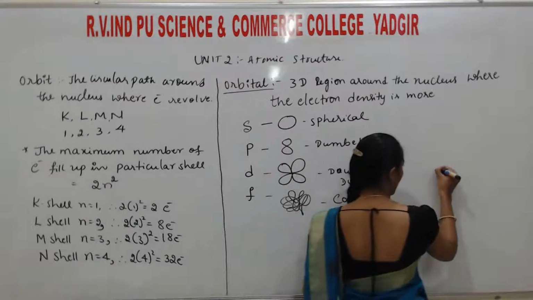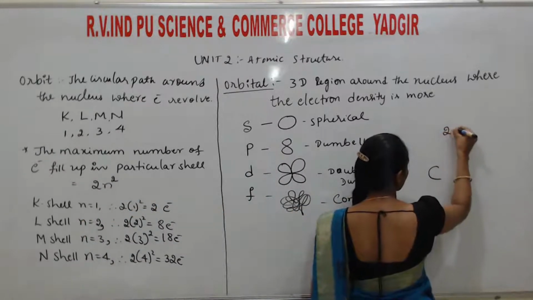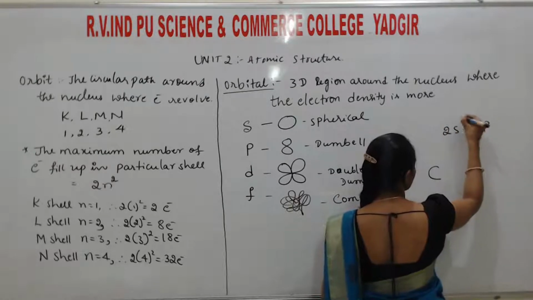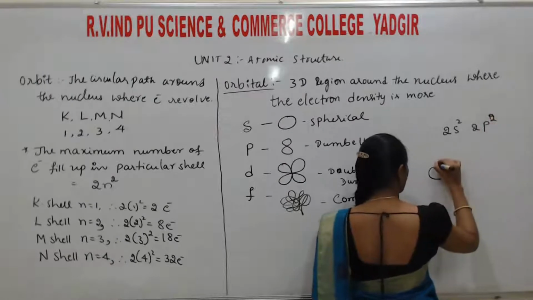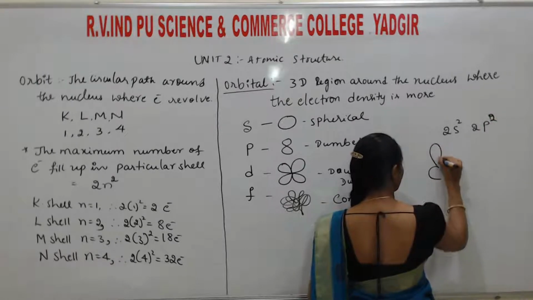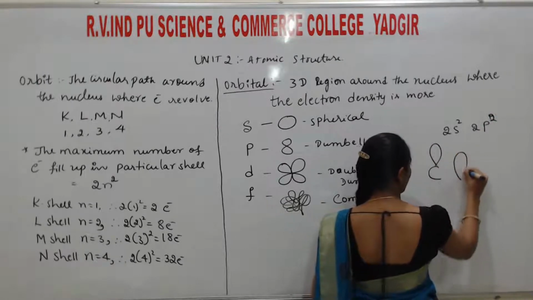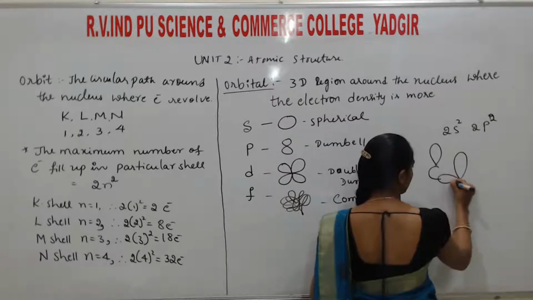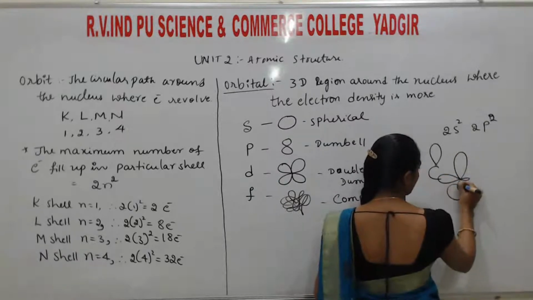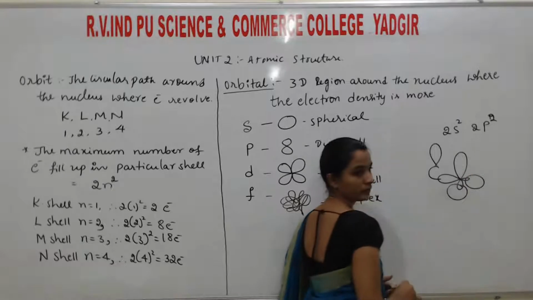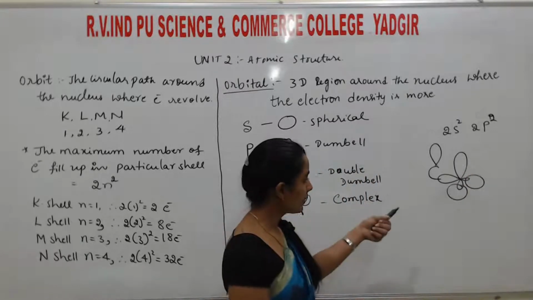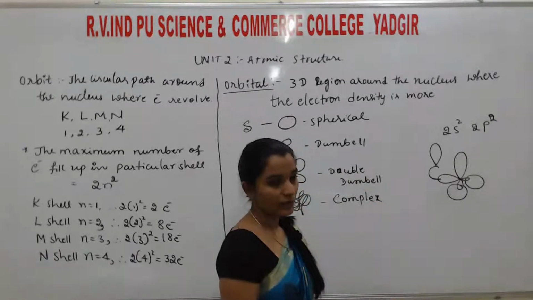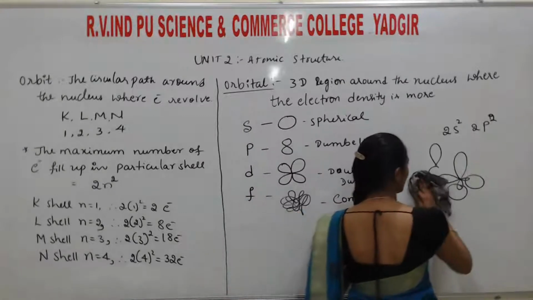Similarly for carbon, you consider the 2s and 2p orbitals, students. This is s orbital, this is p orbital, 2p2. If s orbital is there, it is spherical in shape. If p orbitals are there, it is dumbbell in shape. That all comes under chemical bonding.